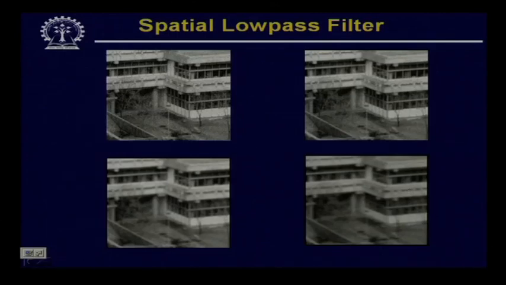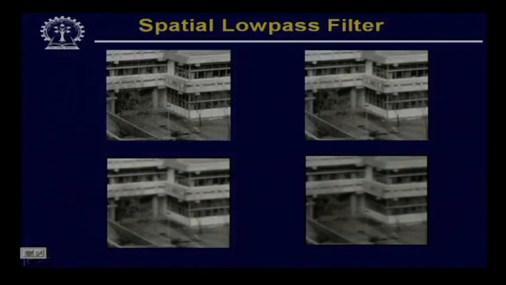So, you find that as we increase the mask size, the noise is reduced to a greater extent, but at the cost of the addition of blurring effect. So, though the noise is reduced, the image becomes very blurred. That is the effect of using the box filters or the smoothing filters: though the noise will be removed, the images will be blurred, or the sharp contrast in the image will be reduced.